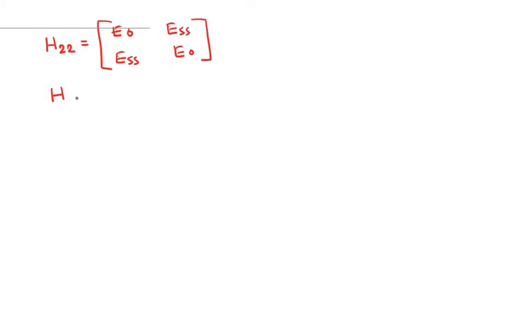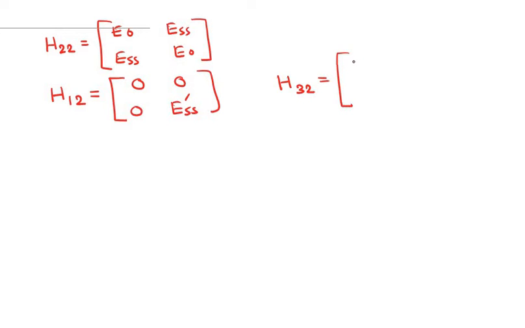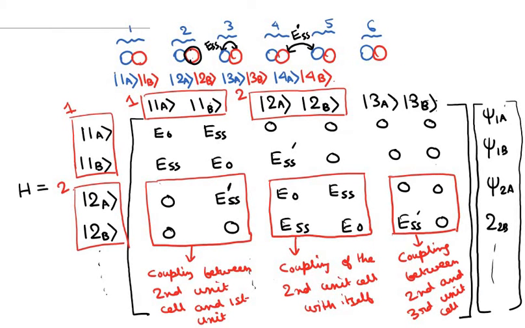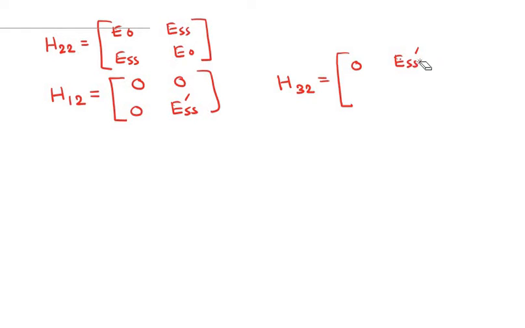The matrix which defines the coupling between unit cell 1 and 2 was 0 0 0 ESS dash, and the matrix which defines the coupling between 3 and 2 is 0 ESS dash, sorry, this is ESS dash 0 0 and 0 over here.